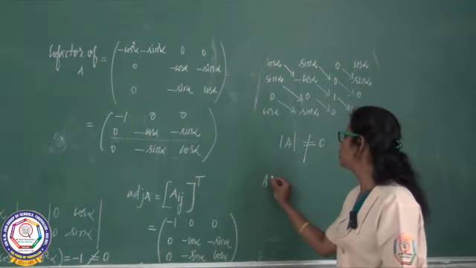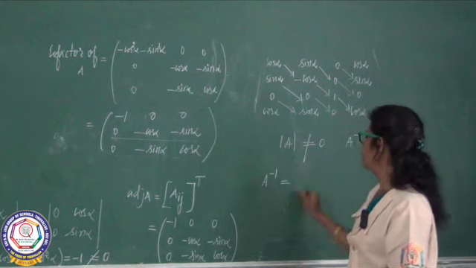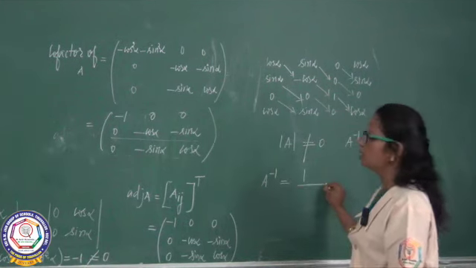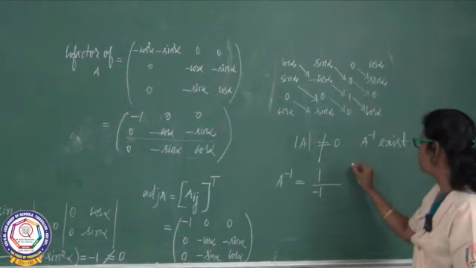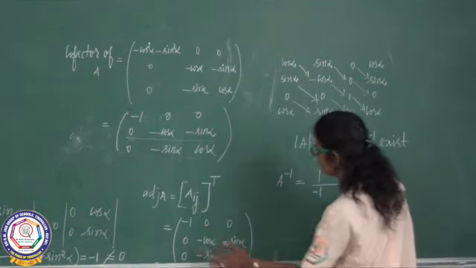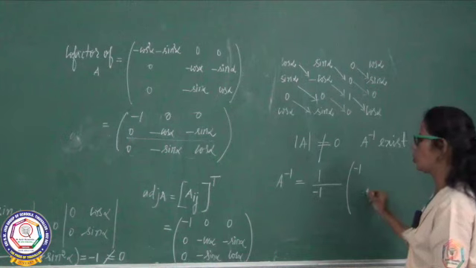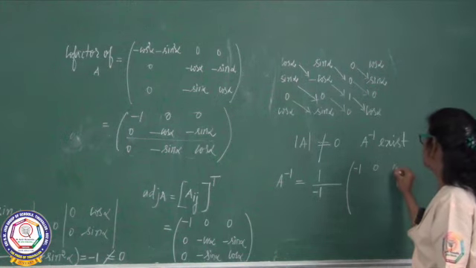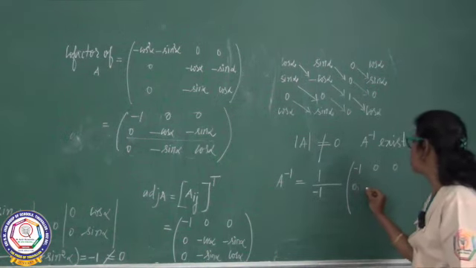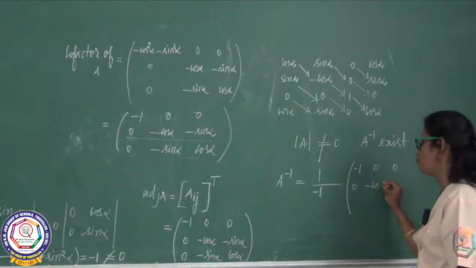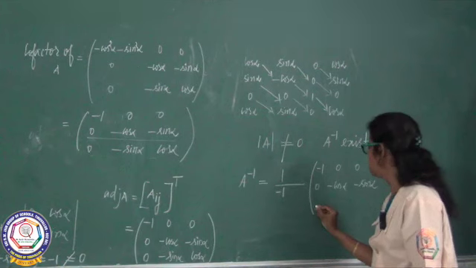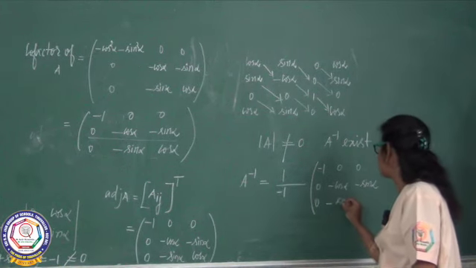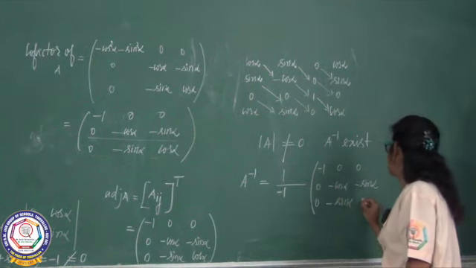So, A inverse equals 1 by determinant A, which we found to be minus 1, times adjoint of A. We arrived at the result minus 1, 0, 0, 0, minus cos alpha, minus sin alpha, 0, minus sin alpha, cos alpha.